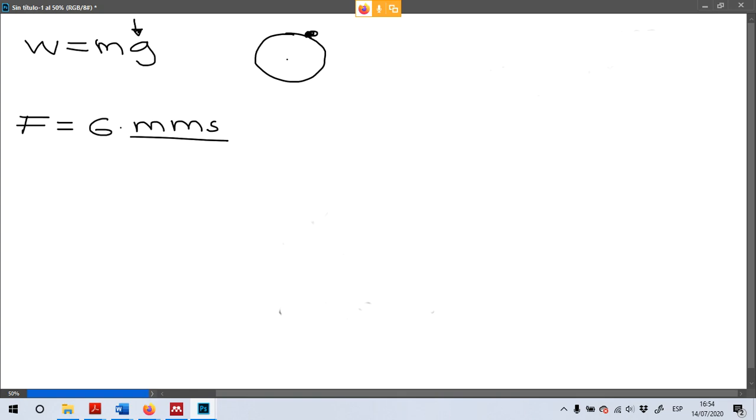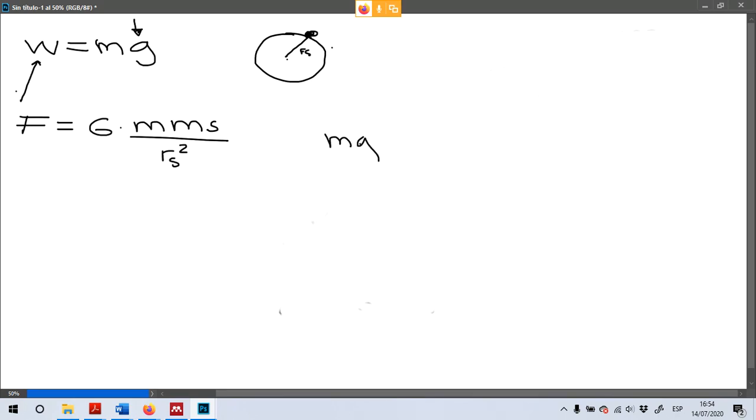Okay, since this object is on the surface of the star, the distance between their centers of mass will be actually the radius of the star. So here we will use as the distance the radius of the star squared. Okay, so since this weight and this force are giving us the same value, we can equate these two things to find g.